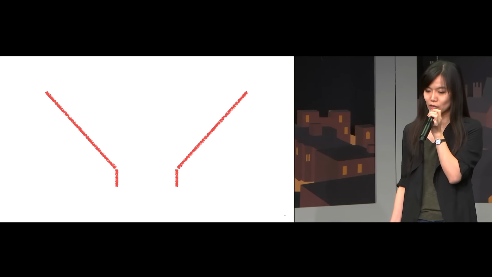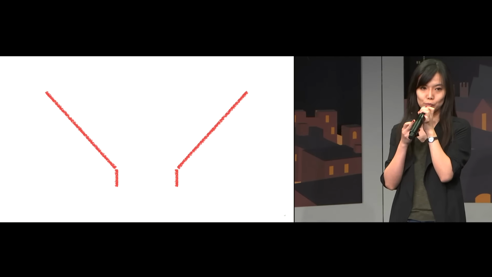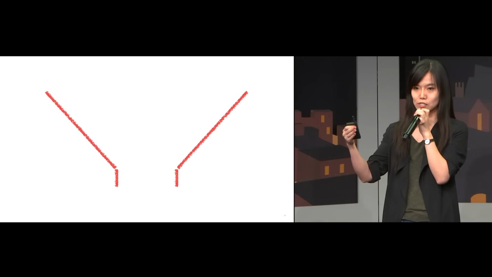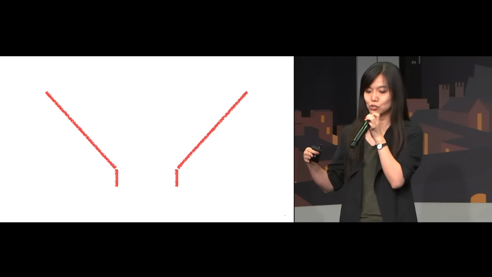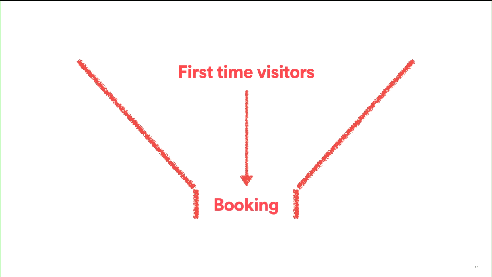customer funnel. Every business has its own customer funnel, which is a process to convert a first-time visitor to an end customer. At Airbnb, we have a lot of first-time visitors coming to our website and our mobile app, and they're at the top of this funnel.